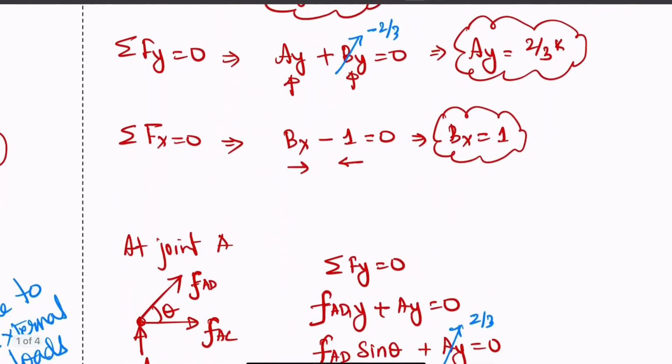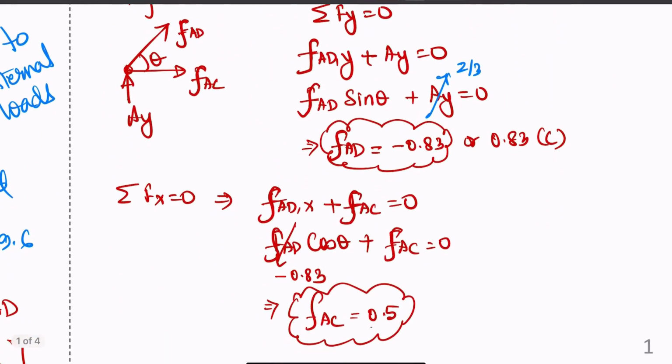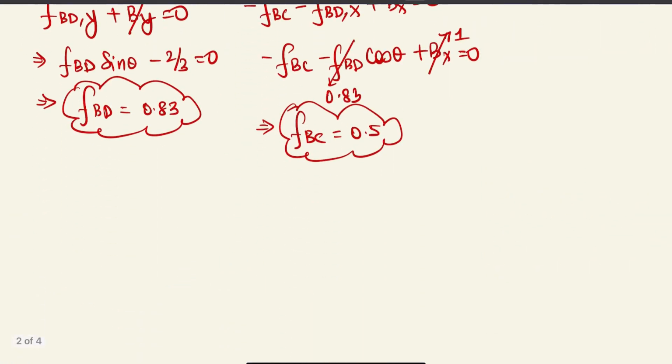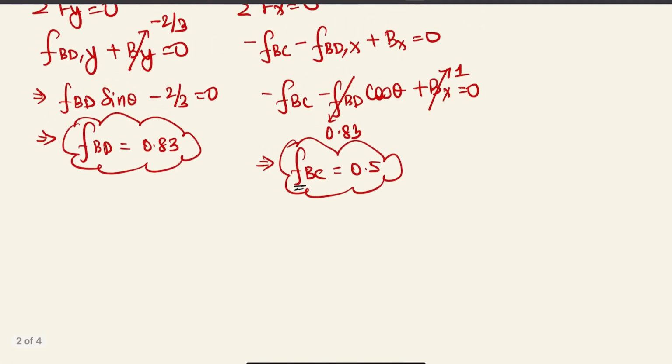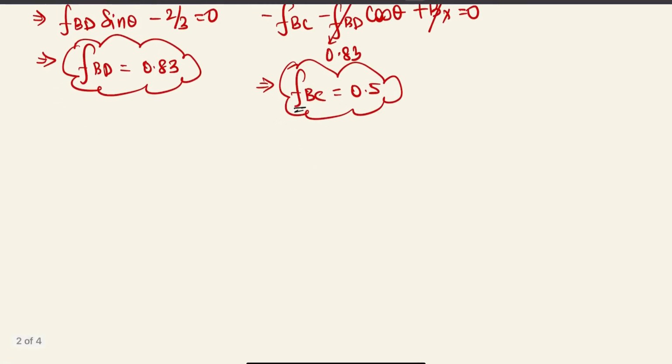So you'll see that here also your FAC, which is 0.5, must be equal to FBC, which is also 0.5. So in that way, you verify that what you are doing so far is correct.